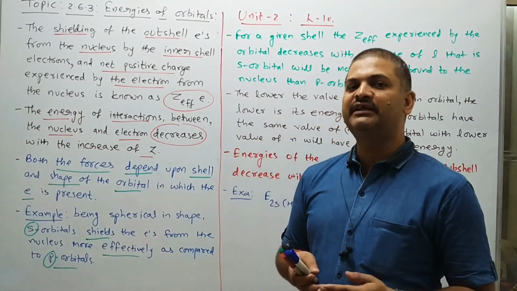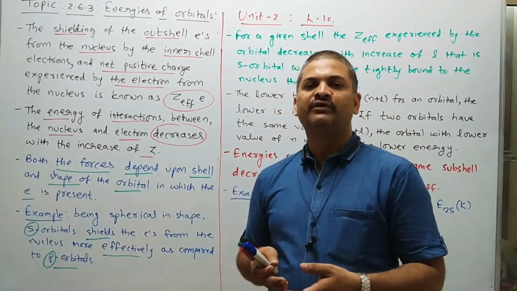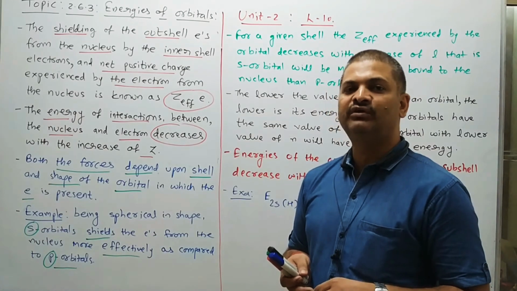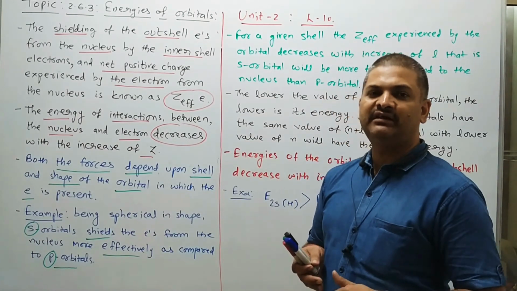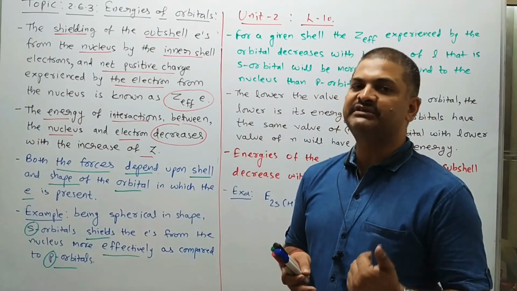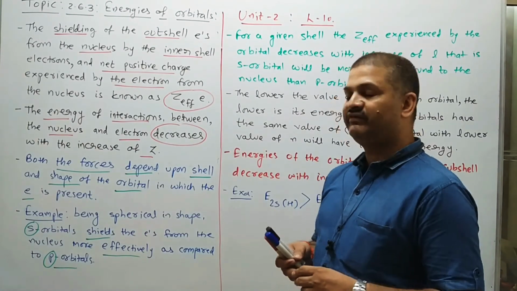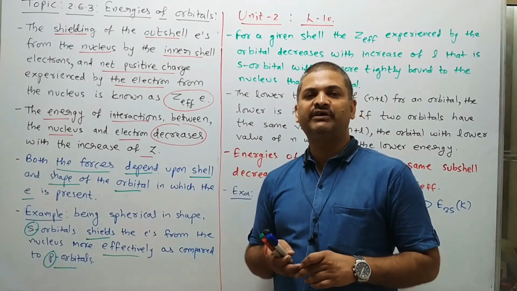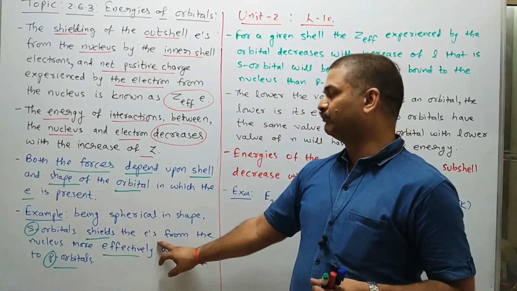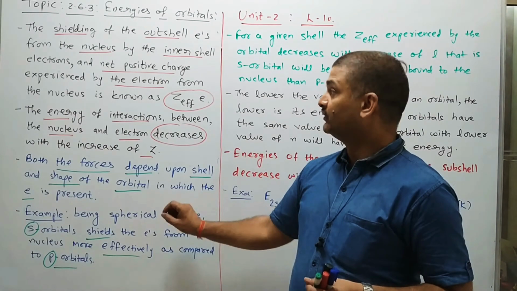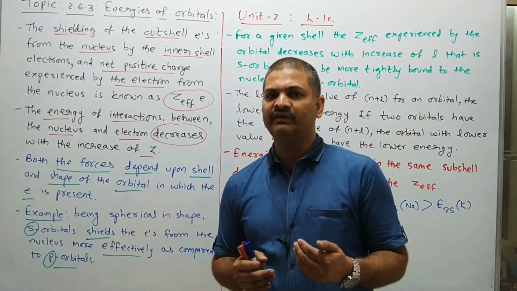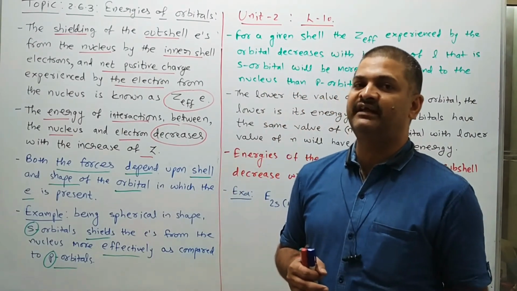And similarly यदि मैं d and f को कंपेयर करूं, shielding of the d orbital will be more as compared to f, and similarly in case of f and g will come. मतलब shielding is directly related with respect to distance between nucleus and outermost shell. So this is one of the most important lines. Clear? Now next one, suppose you are interested to remove an electron from the K shell.